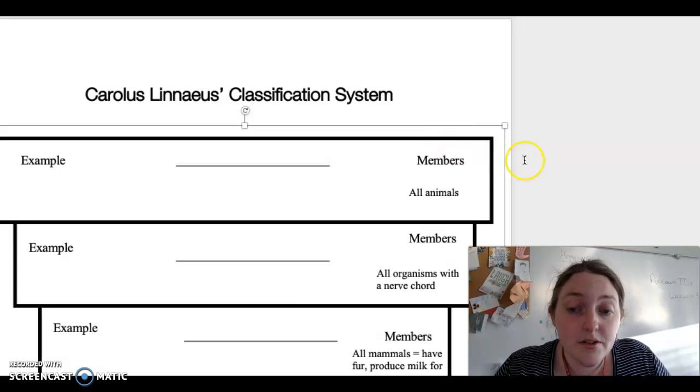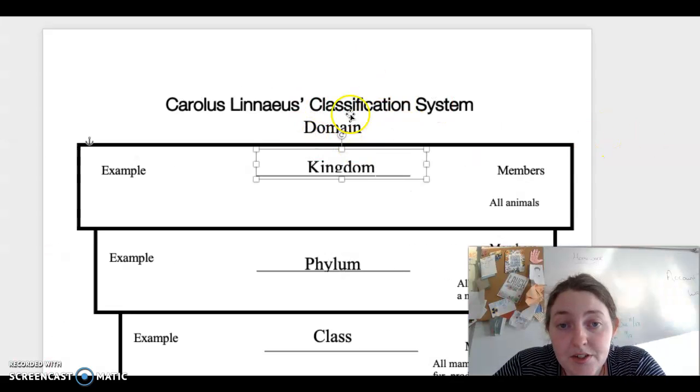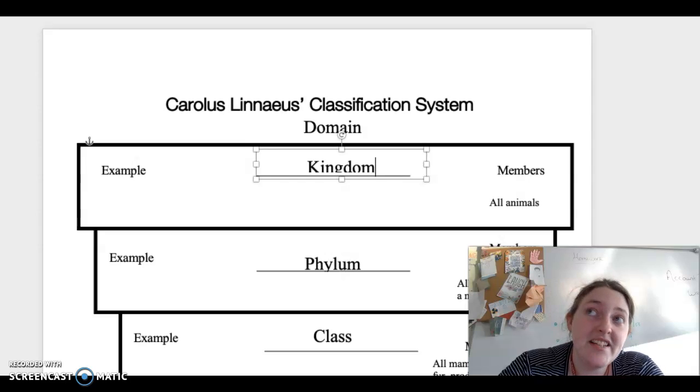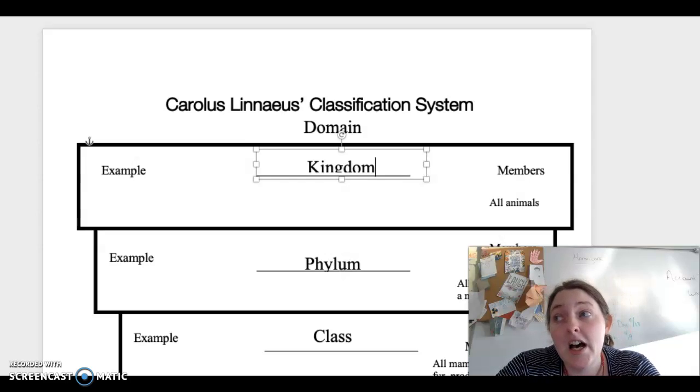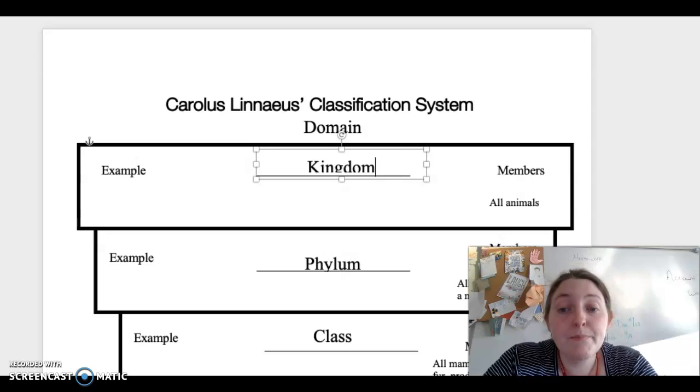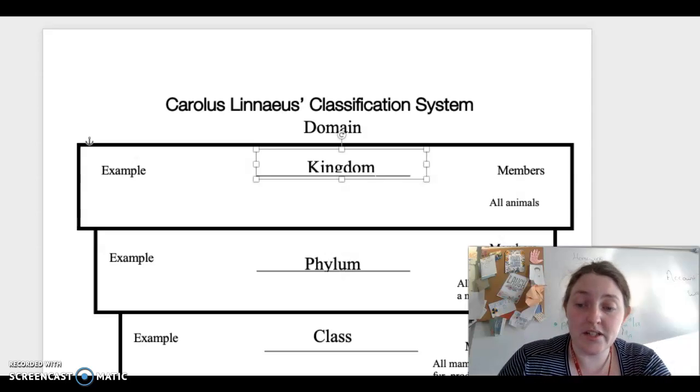So the first, I'm going to put domain at the top here just for a reference point, because domain came after Carolus Linnaeus' system and it was a bit more complex. But his first all-inclusive category was kingdom. So we have kingdom Plantae, Animalia, Protista, Eubacteria, Archaeobacteria, fungi. So we have several of those. So there are big groups that include a lot of organisms.